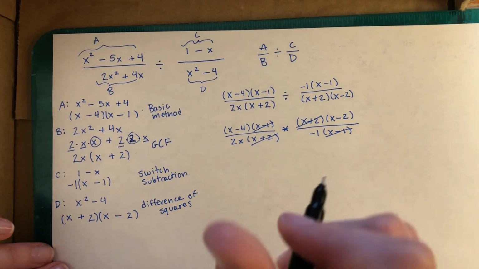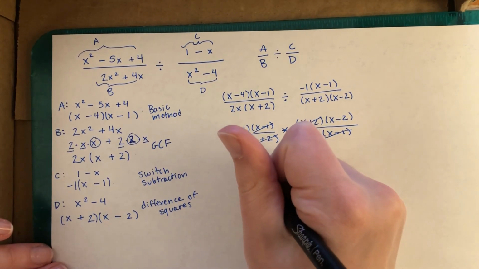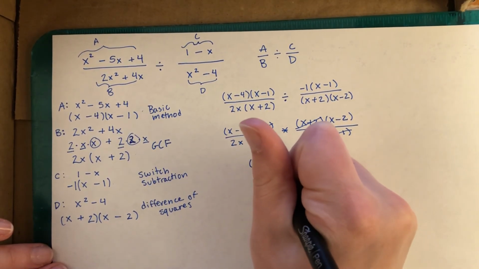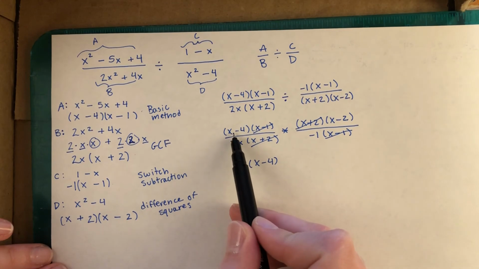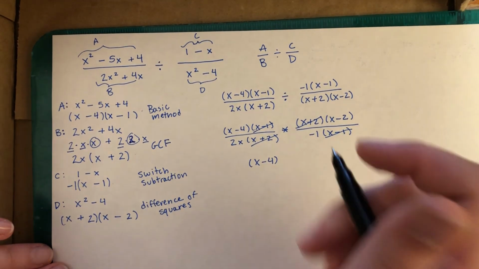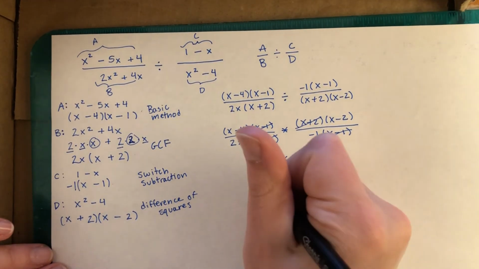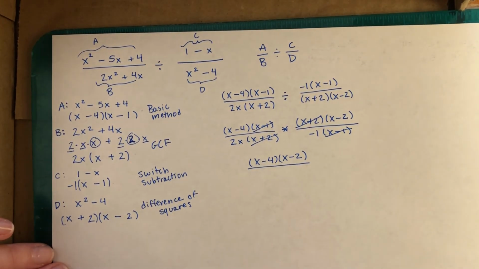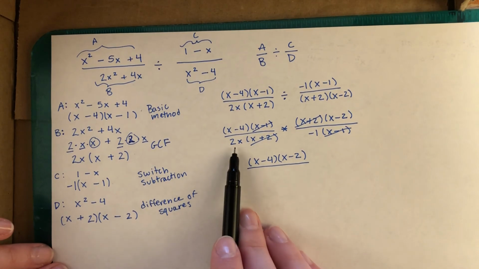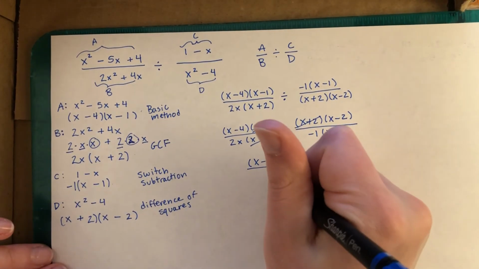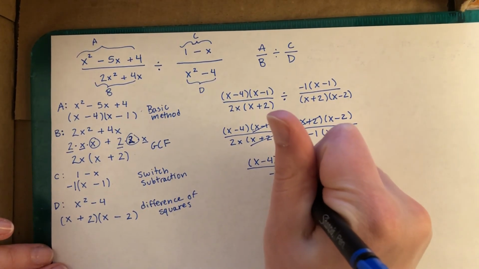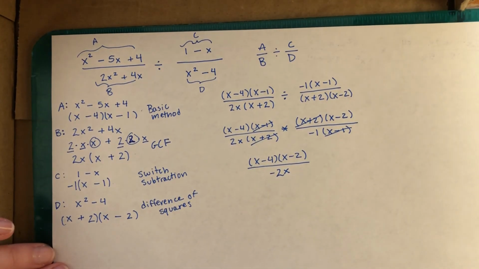So now I'm just going to write all those leftover pieces in one fraction together. I'm going to multiply across the top, x minus 4 and x minus 2. And I'll multiply across the bottom. 2x times negative 1 is just negative 2x. Okay. This is looking pretty good.